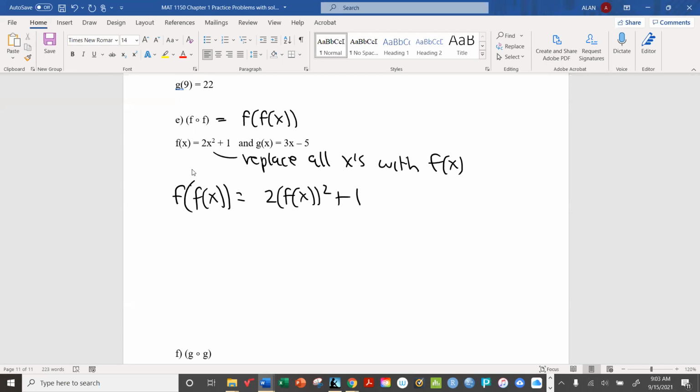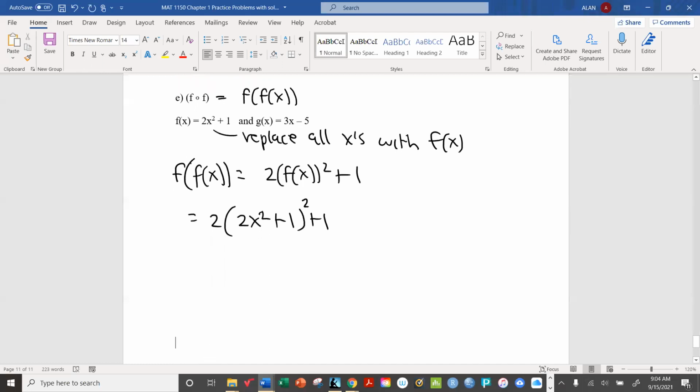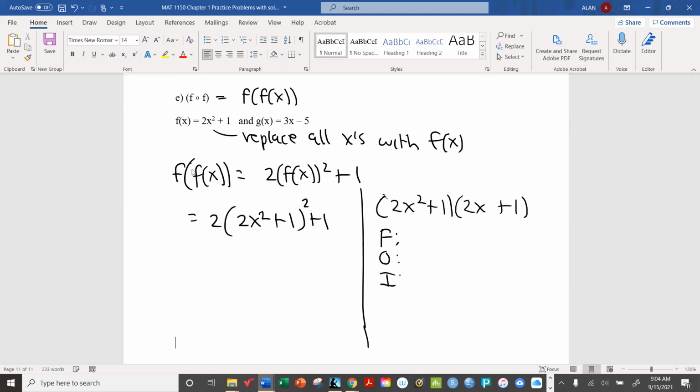And since f of x is itself 2x squared plus 1, what we can do now, although it may not be absolutely necessary, I would accept this as an answer, but if you feel like you want to expand it, you could apply FOIL here. Sometimes expanding it can make it easier to simplify it, which is really the main motivation for doing that. But here this should be sufficient. But let's see what happens if I do FOIL.